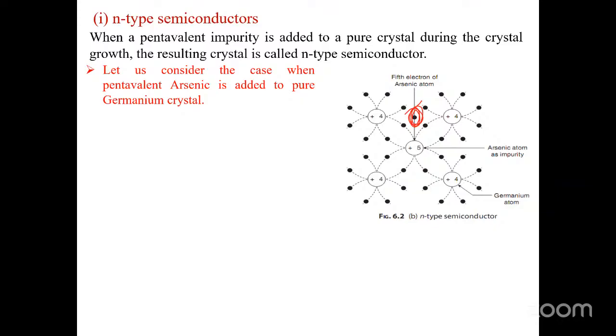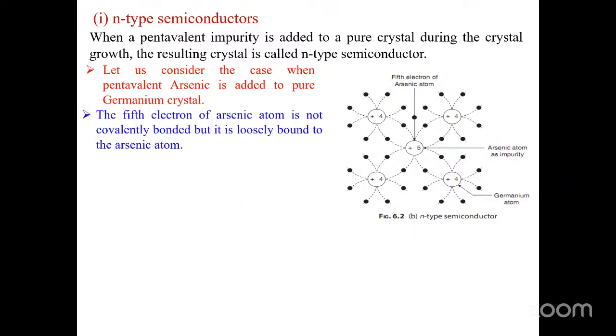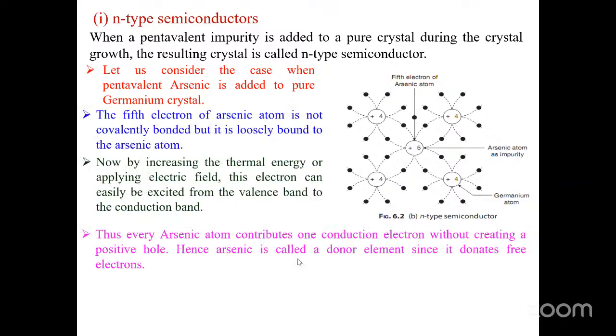The majority charge carriers in N-type semiconductors are electrons, whereas the minority are holes. Why? Because if an electron is lost, a hole is created. Electron charge is negative, hole is positive. That's why the majority are electrons, the minority are positive holes. These are called donors.